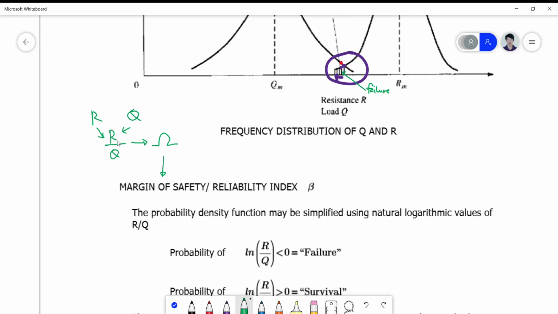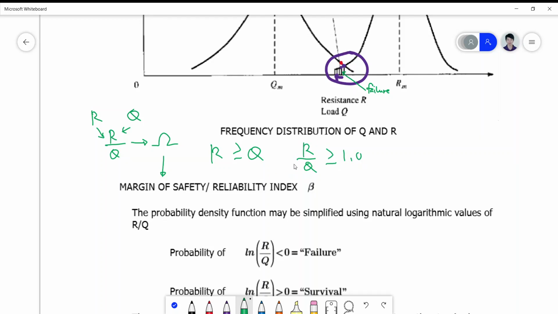Take note that mixing R and Q will actually transform your original equation from R greater or equal to Q into an R over Q greater or equal to 1.0.